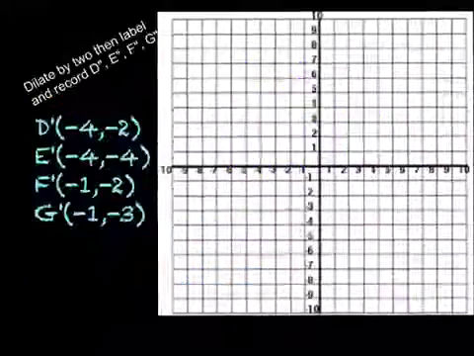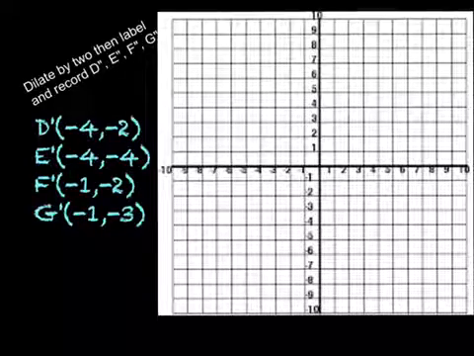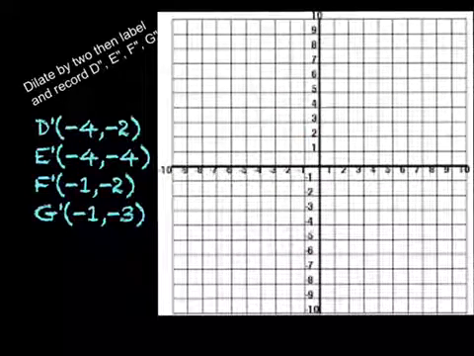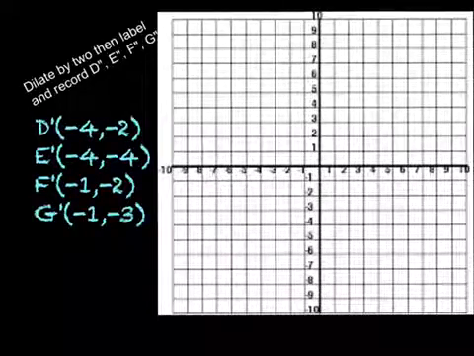Okay, so now the step you previously did, you labeled your first primes, as you reflected upon the y-axis, meaning flip upon this middle line, which you should have gotten as I showed you. I hope you saw the relation between D, E, F, G, and the primes.